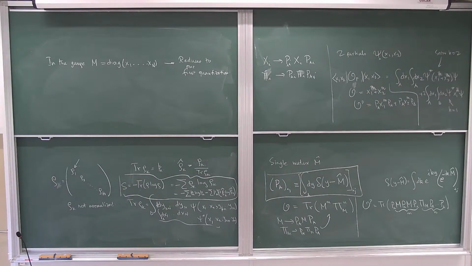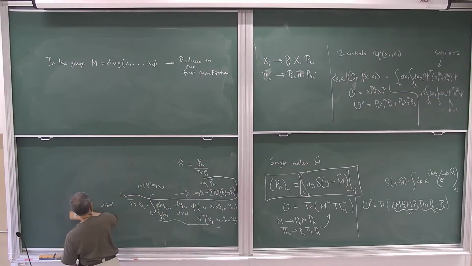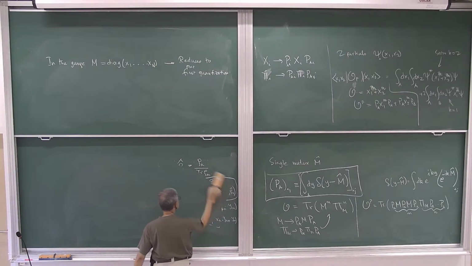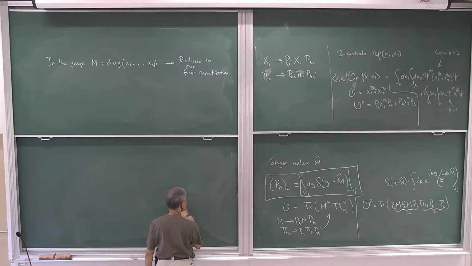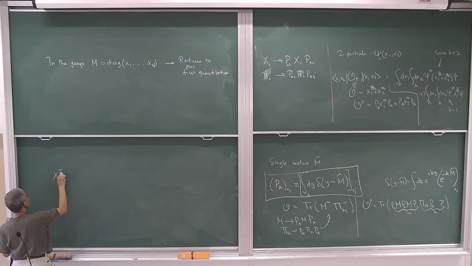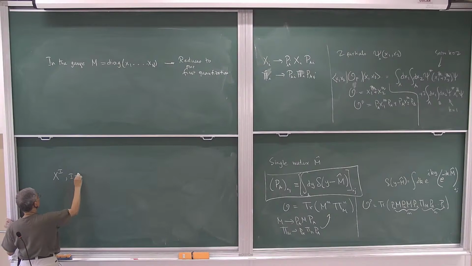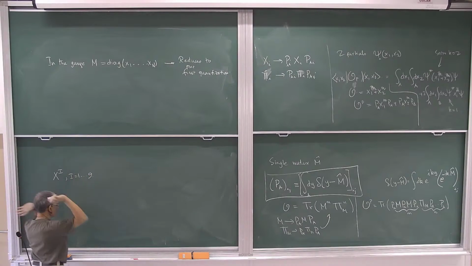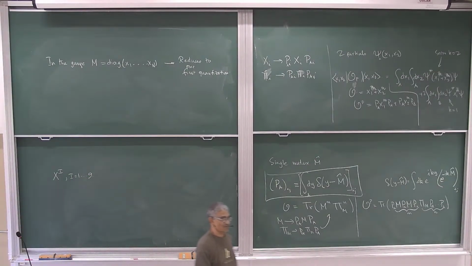Let's take the BFSS model, for example. There are 9 matrices, X1 to X9, so let me call them Xi. Or 3 matrices, like a mini BMN model or whatever you want. But you have more than 1 matrix.